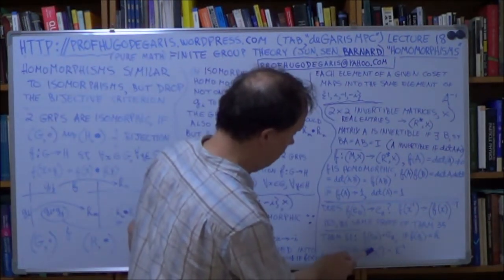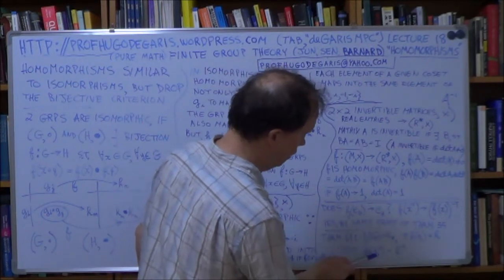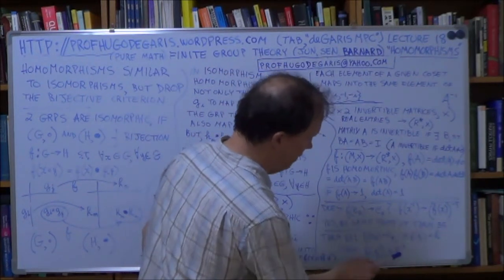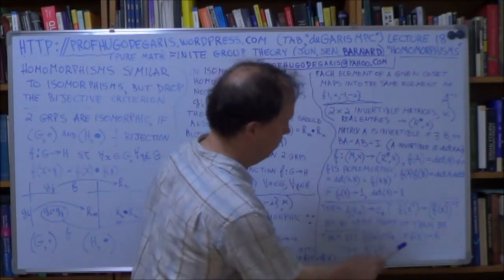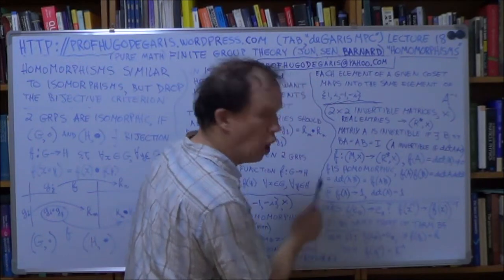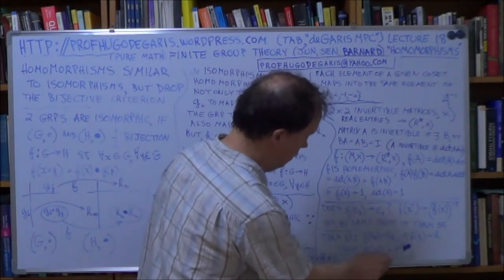So here are the inverses of G, little g inverse. Then f of g inverse is the inverse of f of g in H. So this homomorphic mapping will map g inverse into h inverse.